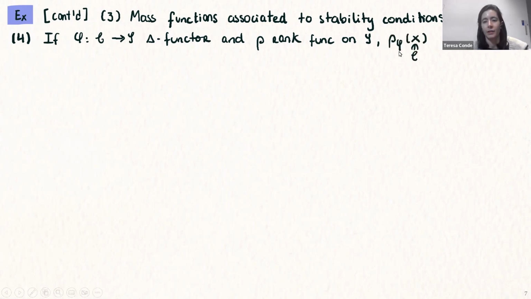So we can define a rank function on C via this formula, and it's quite clear that this will satisfy the axioms. And this example should remind us of the example we have seen for Sylvester rank functions.